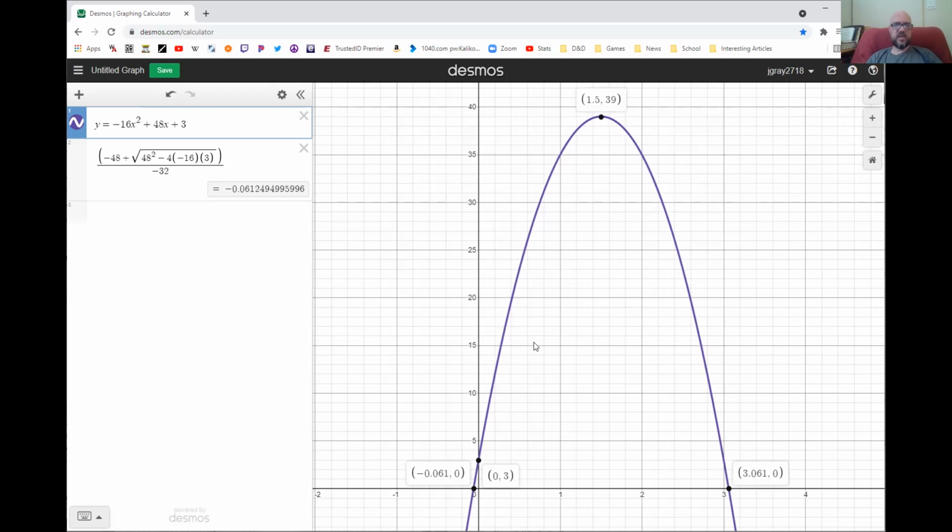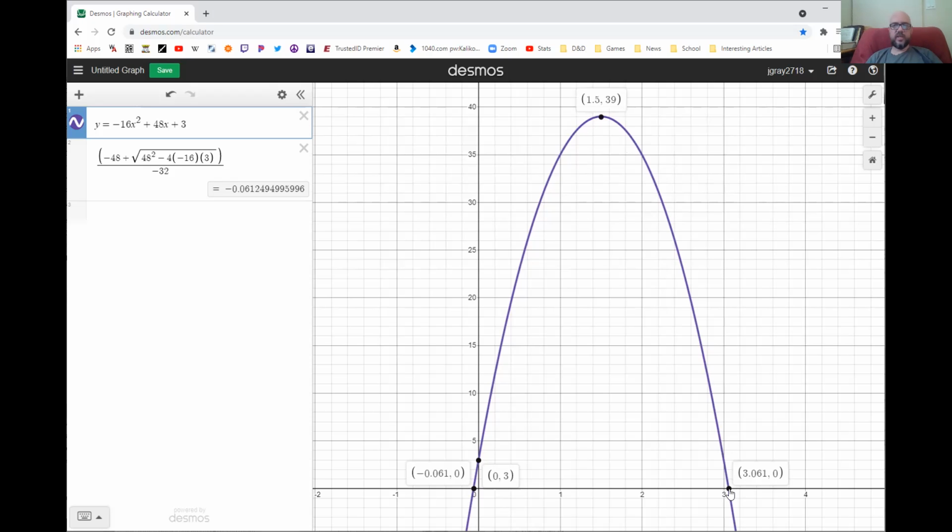So that's kind of all I want to say about projectile motion. We're not going to do a ton with this. I'll probably throw one of these on a test. Just remember that vertex will find the top, the apex. And if you want to know how long it takes to hit the ground, that means that the height is 0 when it hits the ground.